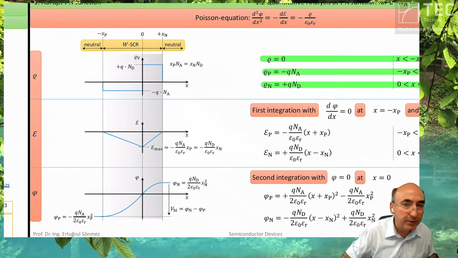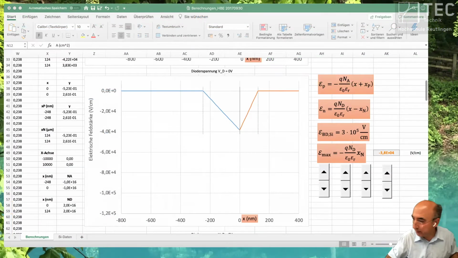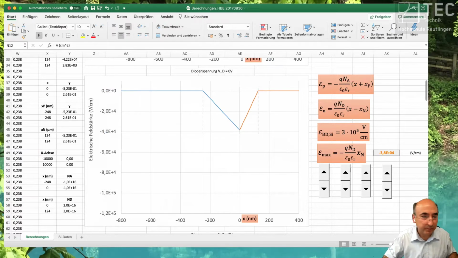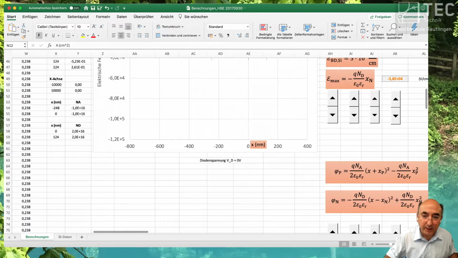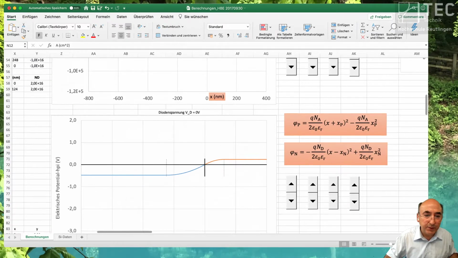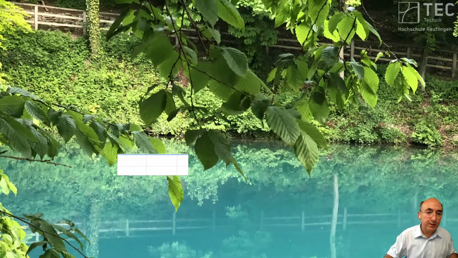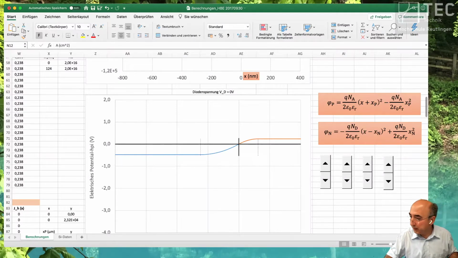So these values, I think I have also calculated in the spreadsheet. Let's take a look. Yeah, here we are. And you see here the potential within the diode.